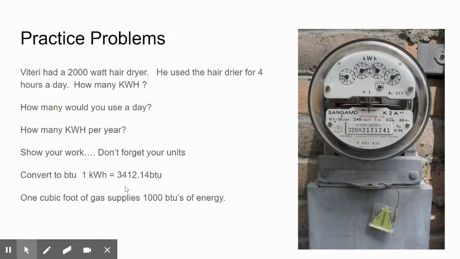So I use a conversion factor of 1 kilowatt hour is equivalent to 3,412.14 BTUs, and then I would get a number there. If I wanted to convert that into cubic feet of gas, I would use a conversion factor of 1 cubic foot of gas is equivalent to 1,000 BTUs of energy. I could set that problem up and I would get my answer. You should probably pause this, go back and forth to try to understand what I'm saying.